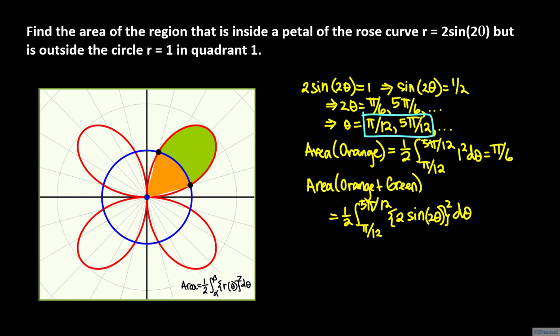As an integration exercise, the viewer can check that the combined areas of the orange and green regions is equal to the quantity 3 square root of 3 plus 4 pi all over 12. From this, we subtract pi over 6, which is the area of the orange region, to get the area of just the green region.